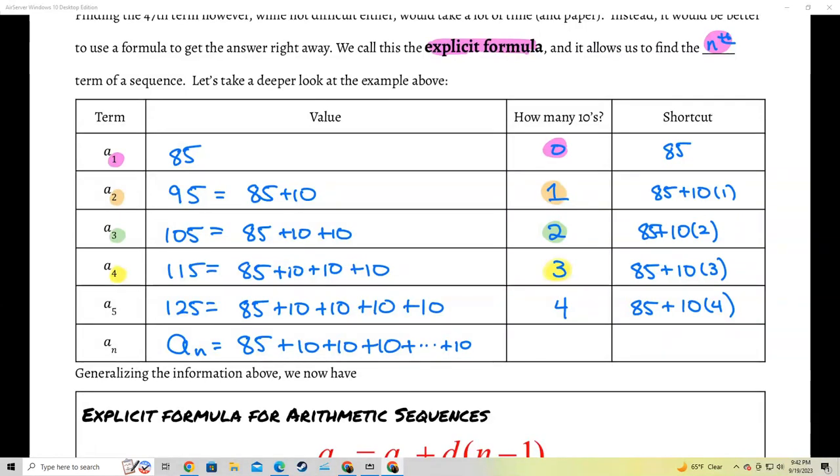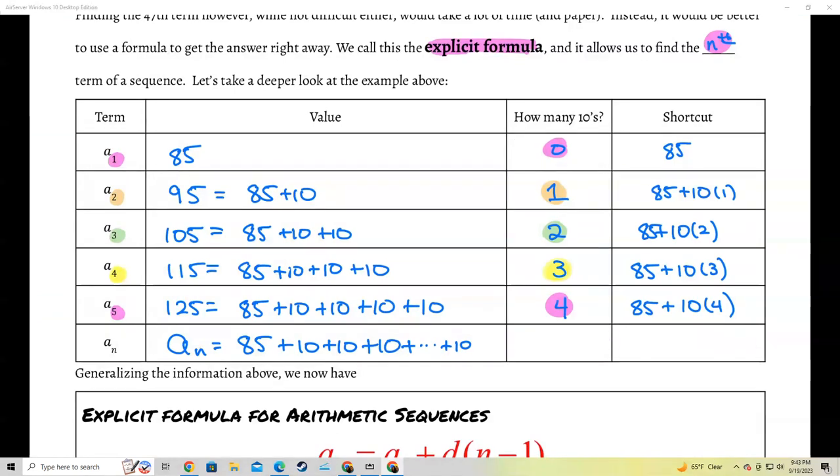What's the connection between this and this? Well, every single time it looks like I'm going 1 less than the term number. So if this is my fourth term, then I've added 1 less than the 4, right? That would be a 3. So for like the fifth term, if I'm correct, I just got to subtract 1 from that 5. And that lets me know how many 10s I'm going to add. And sure enough, yeah, it's going to be 1 less.